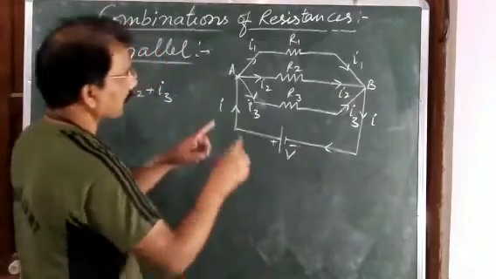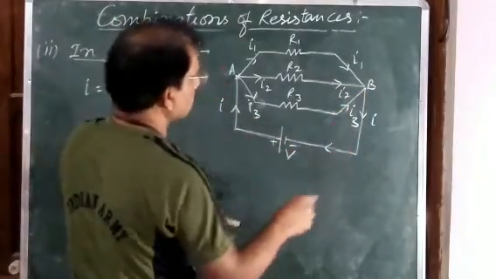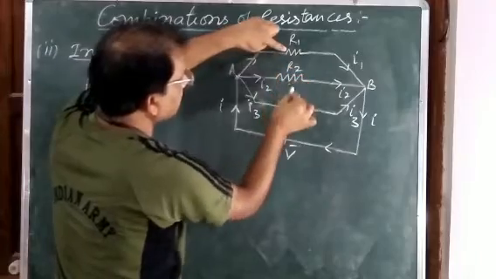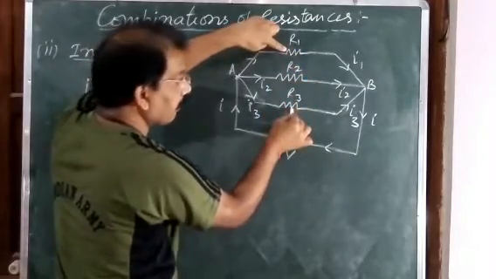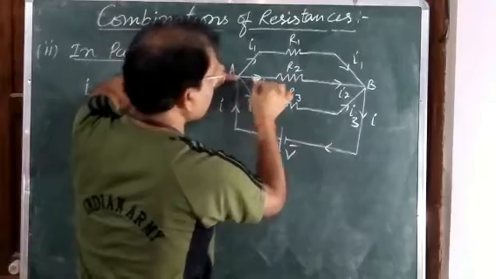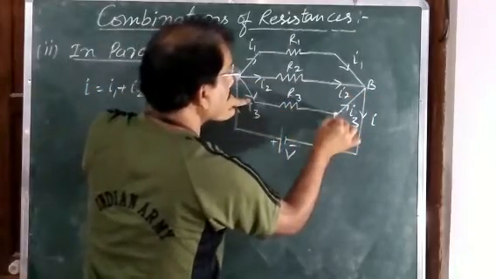And always remember this, in parallel combination, the current in each resistor will be different, but the potential difference across each resistor will remain the same.